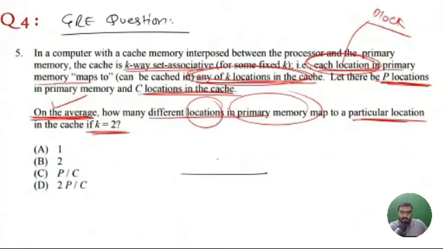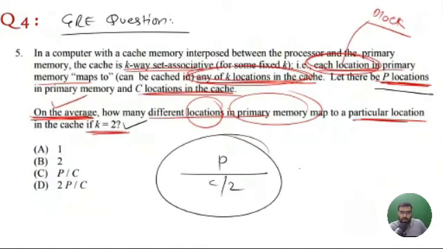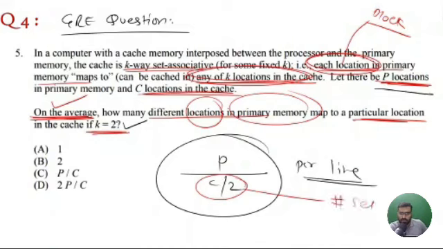These many will go per line. So the answer will be 2P divided by C. Is this clear? Let me know.